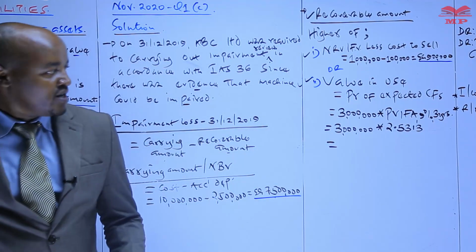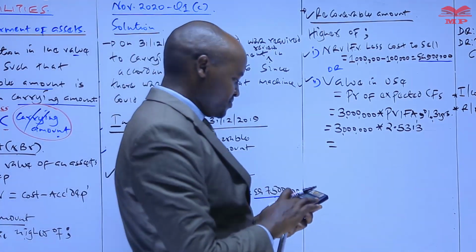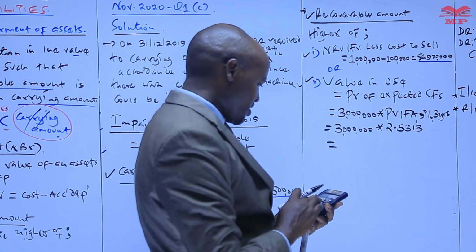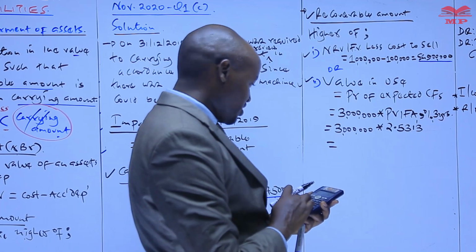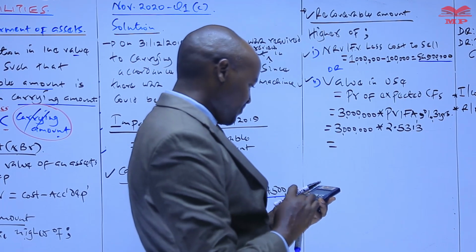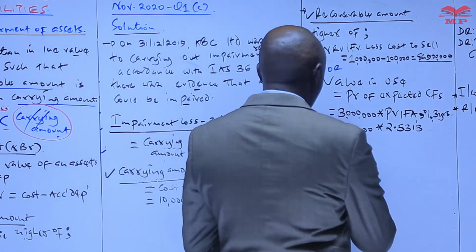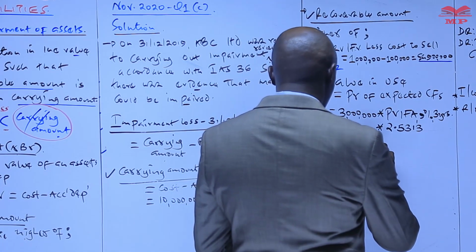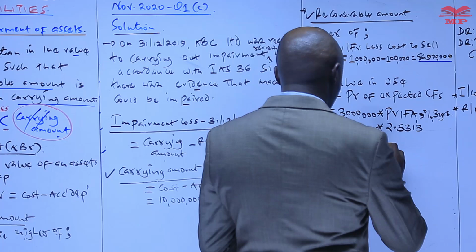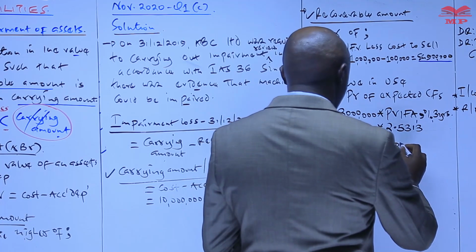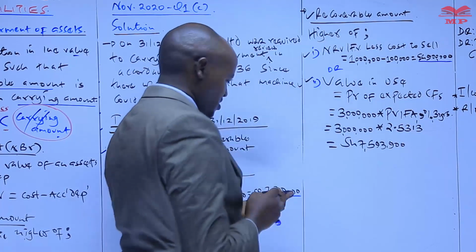So therefore, let's get the value in use here, which will be 3 million times 2.5313, and that will give us shillings 7,593,900.